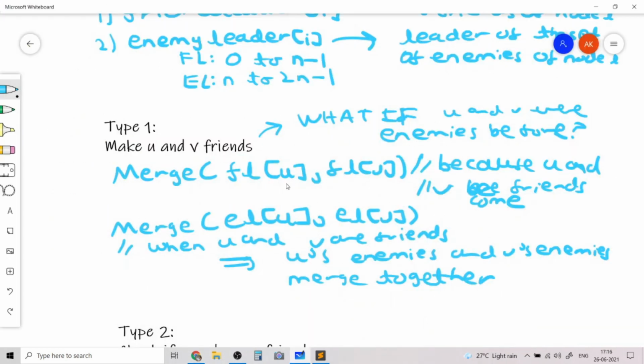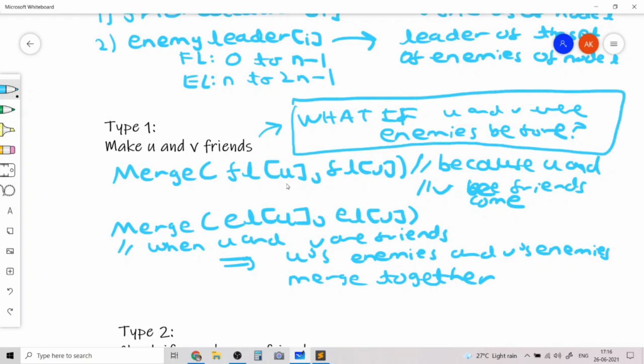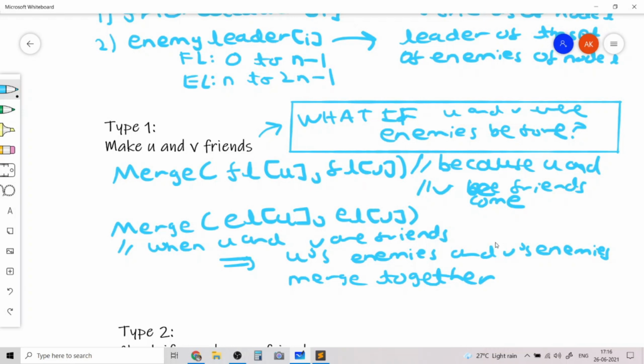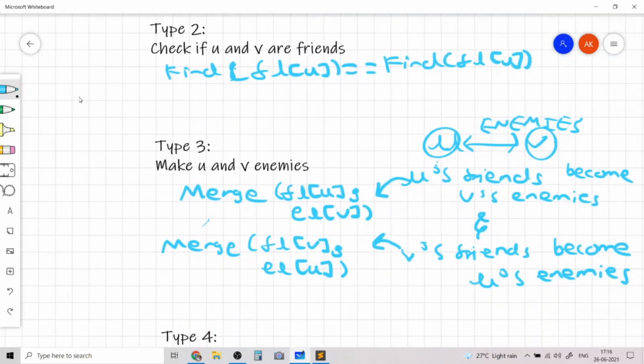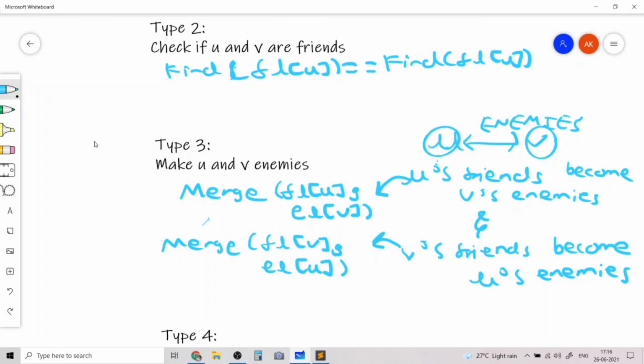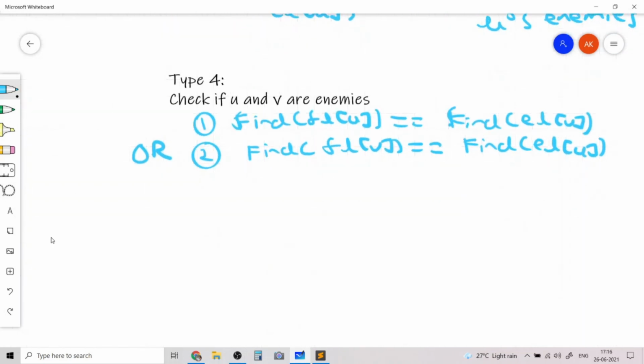That's why we need two additional helper functions called check enemy and check friend. So we need to ignore the type 1 query if U and V were already enemies before. So if check enemy U and V returns true, then we ignore the type 1 query. And similarly, if check friend of U comma V returns true, then we need to ignore the type 3 queries of making U and V enemies.